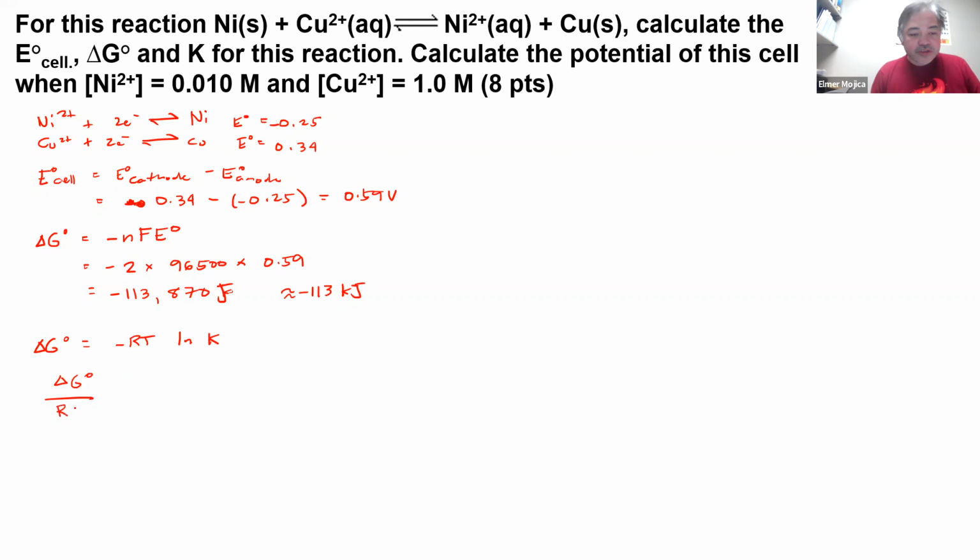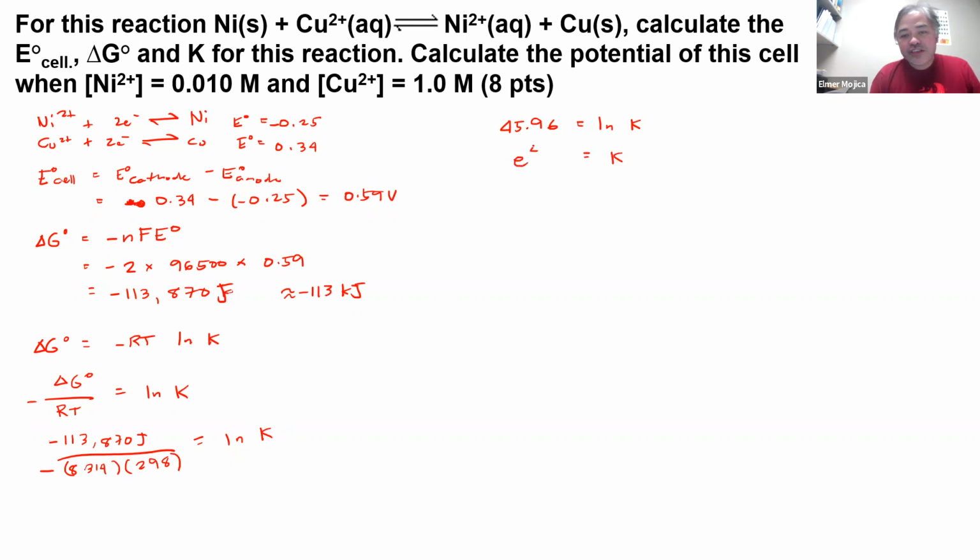So delta G over negative RT is equal to ln K. We're going to use the value that we have here: negative 113,870 joules over negative 8.314 times 298, to give you the ln of K. From this, you get a value around 45.96 equals ln K. Now, to get K, you just raise e to the 45.96, and K is equal to this value, which is so high, which means it favors the forward reaction.